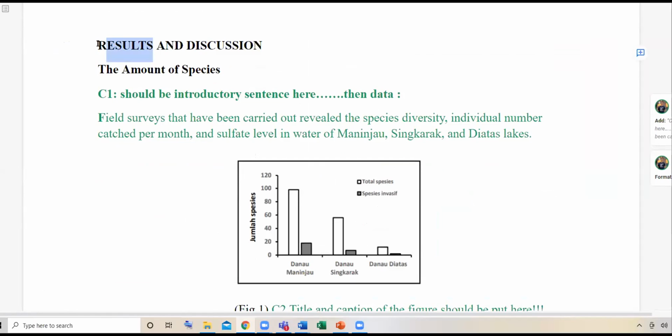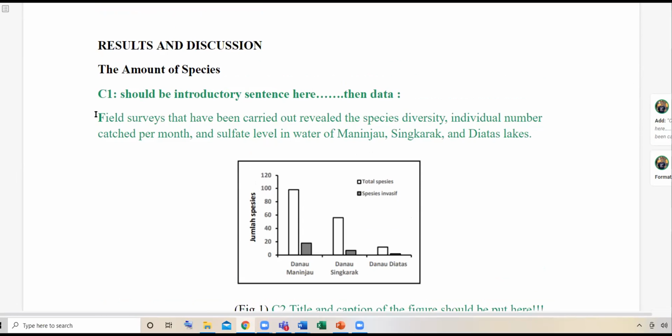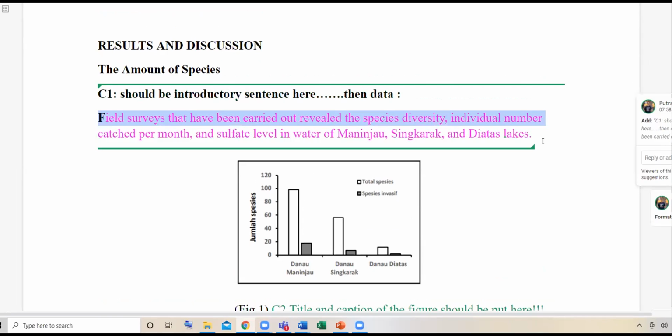If you want to compose the correct structure of the result like this here, we have the subheading and then the subsection. Can you see the slide, right? Yes, sir. Okay, so before we present this data, and before we explain or put the descriptions of the data, we should start with an introductory sentence, or introductory context.